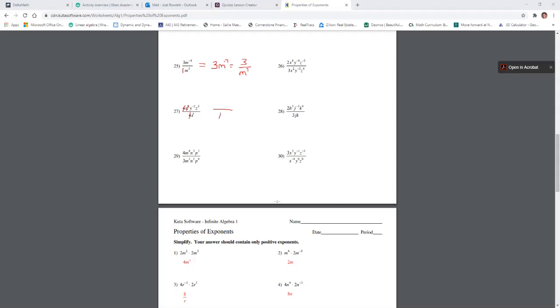It has an understood 1, so it will stay there. And z to the power of 3 already has a positive exponent, so I will leave z to the power of 3 on the top, like that. And I'm going to take this y to the power of -2 to the bottom and make it y to the power of +2.